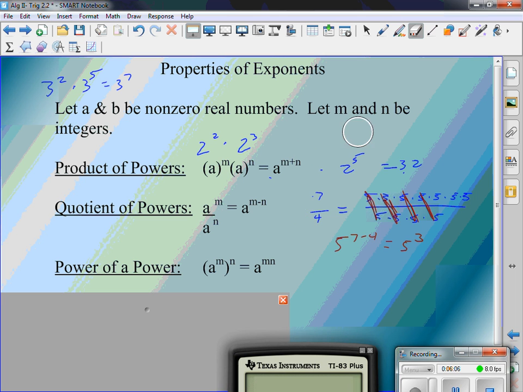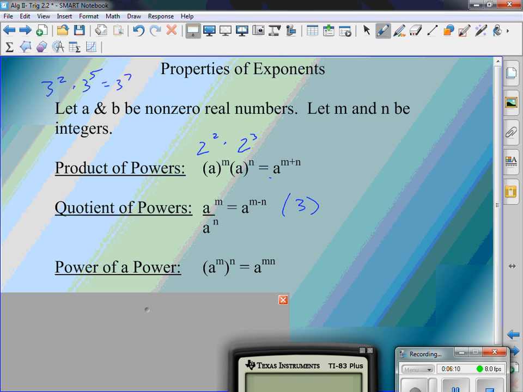Let me erase this and leave me some room. I have 3 squared, cubed. How many 3's are on the inside of the parentheses? There's 2. And how many of these groupings do I need?